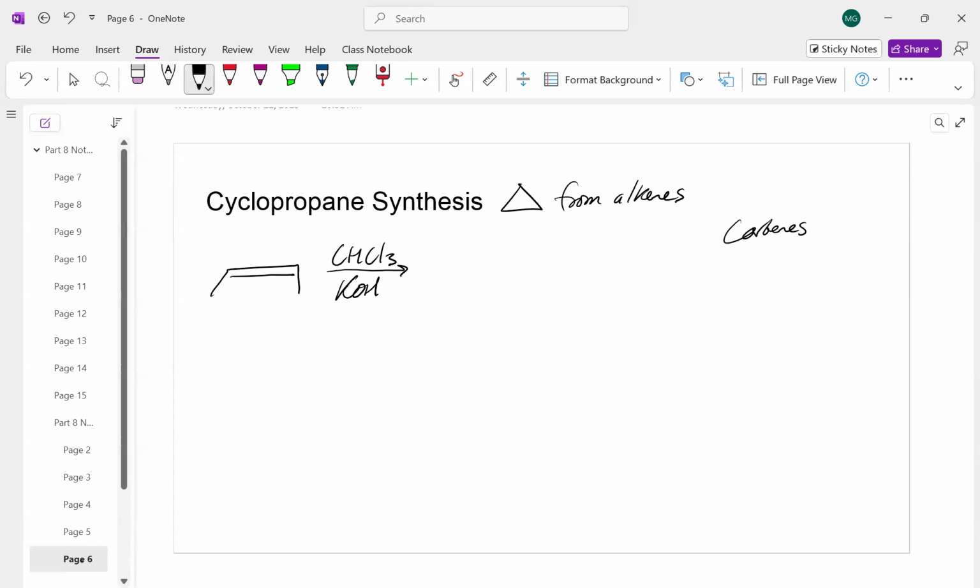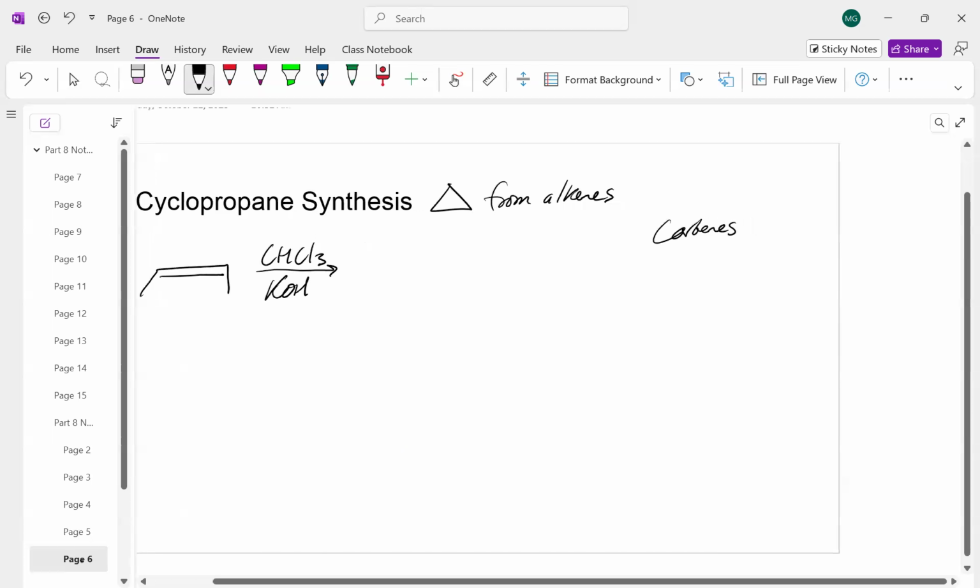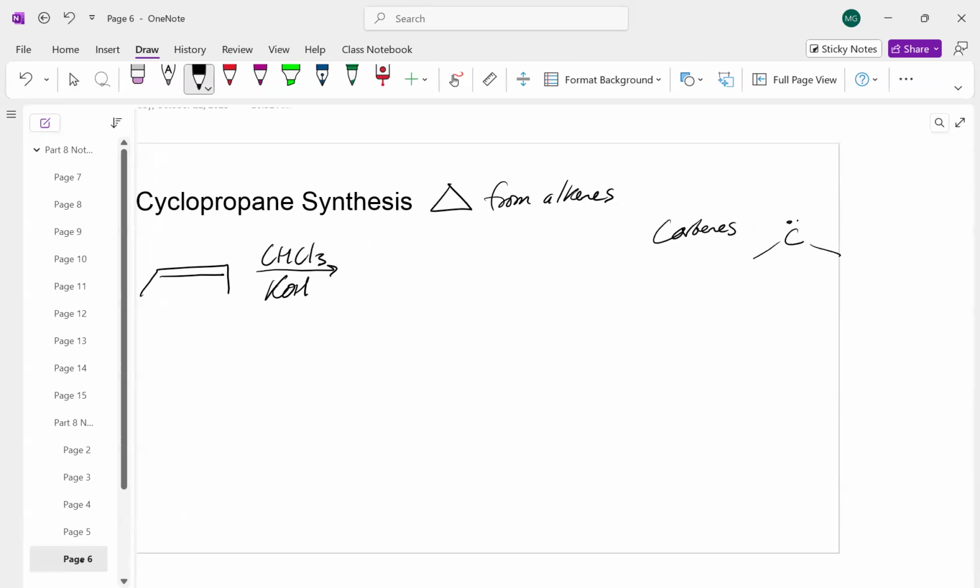It involves an intermediate known as a carbene, and I'll talk about carbenes just for a second here. Carbenes are interesting because it's a carbon that's missing electrons, but it has no charge. It's carbon with a lone pair, so it's not negative, and even though it's missing electrons, it's not positive. So it's got traits of both a carbanion and a carbocation, but it is not charged.